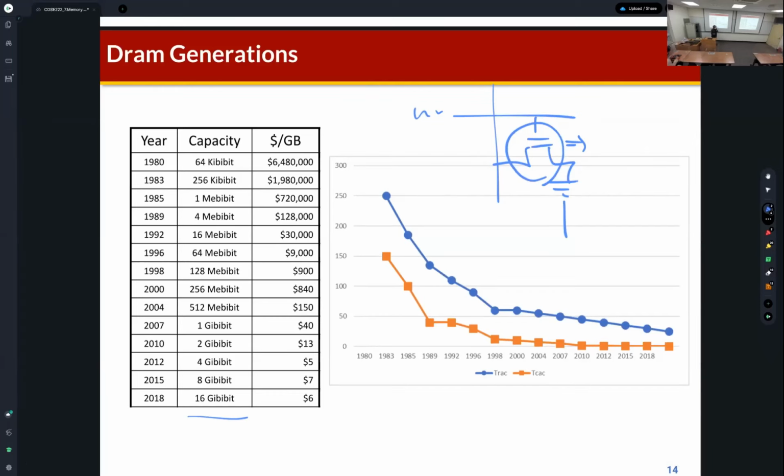In chapter 1, we also learned about Moore's law. Moore's law represents that we have reduced the size of the transistor. Because the size of the transistor is reduced, in the same area we can include more memory cells, which means the capacity can be increased. So capacity is increased, but the cost is decreased.